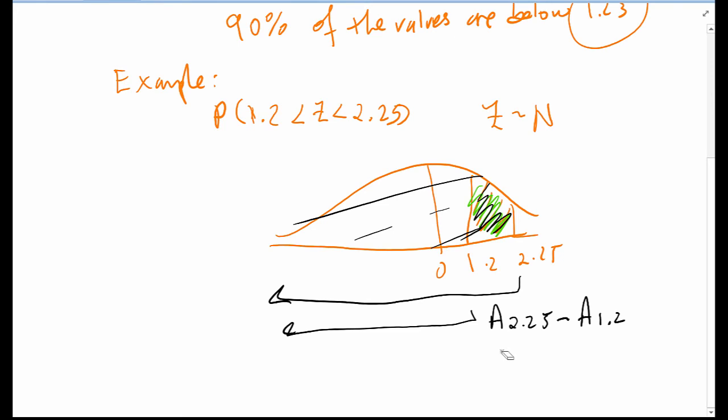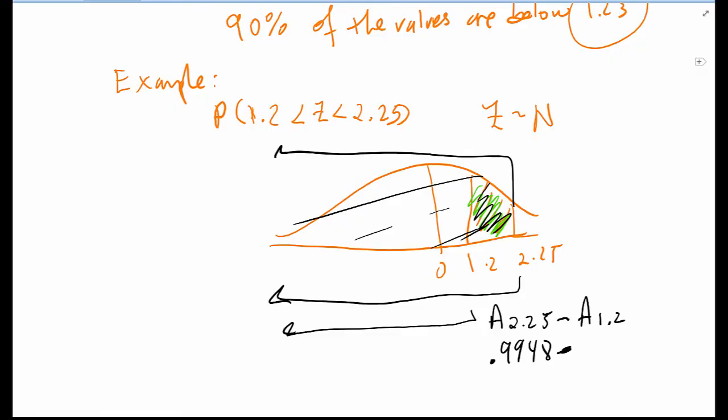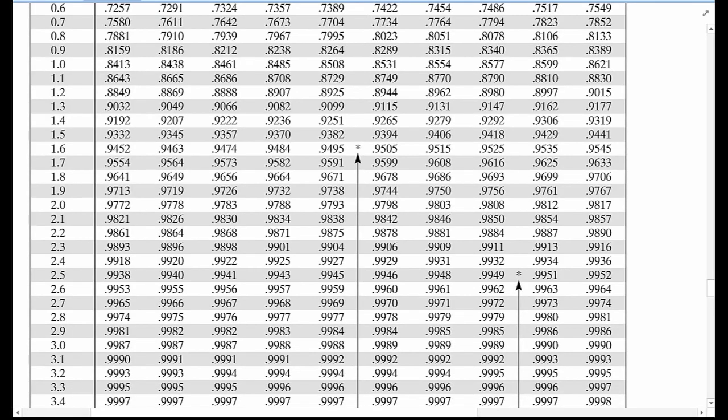Actually, let me rectify that. 2.25: 2.2, then 1, 2, 3, 4, 5.